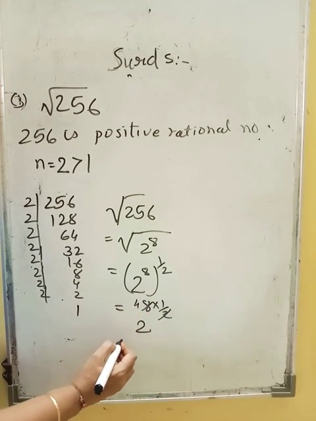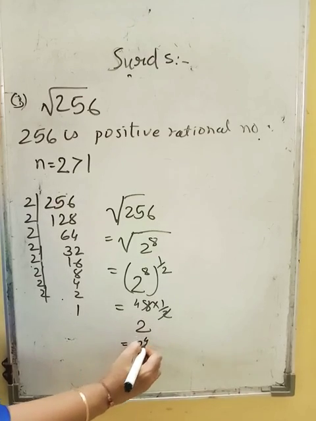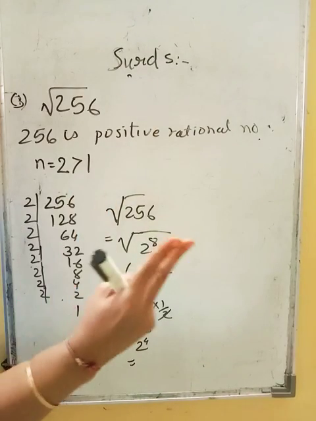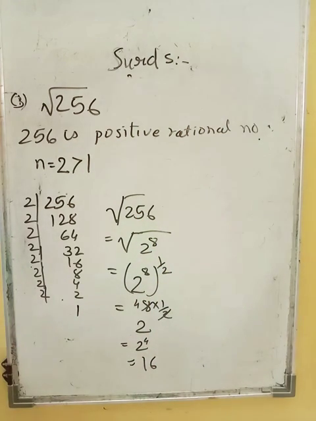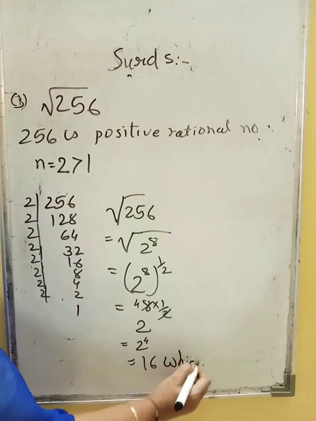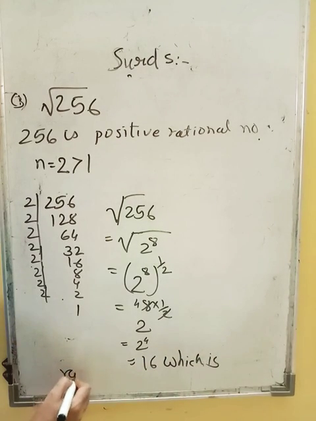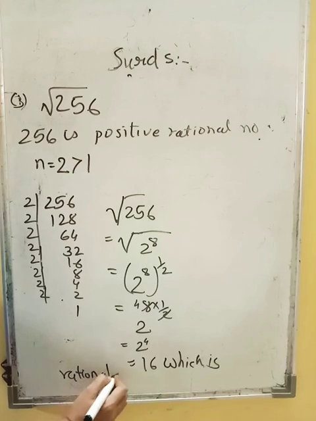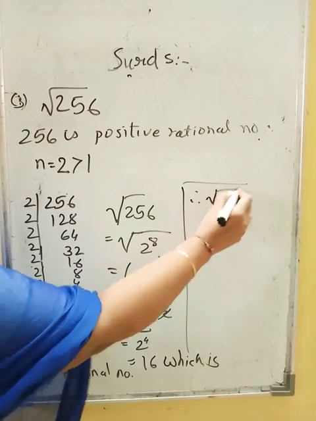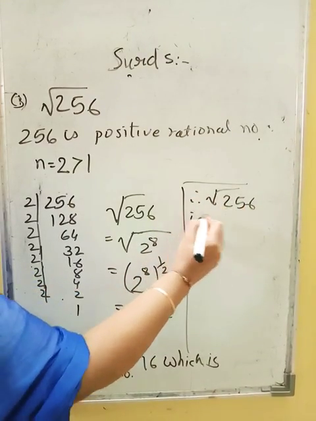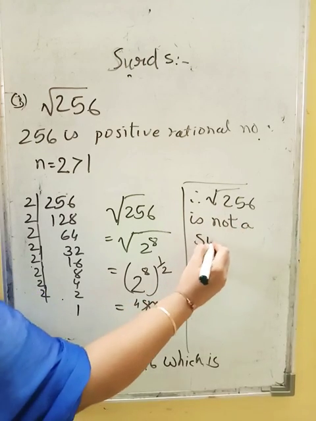Cancellation, 4. So 2 raised to 4. What is 2 raised to 4? 2 twos are 4, 2 fours are 8, 2 eights are 16. So answer is 16. What is it? Rational number. Therefore, square root of 256 is not a surd.